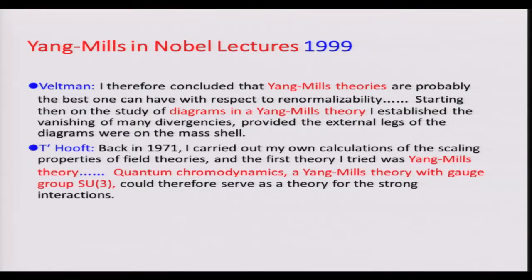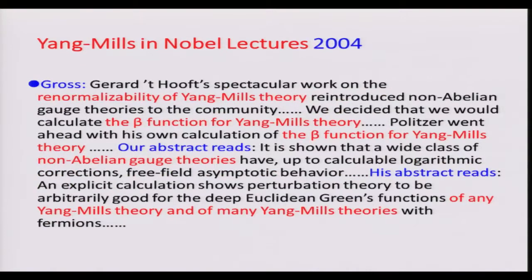His student 't Hooft said in his Nobel lecture that in 1971 he tried Yang-Mills theory, and QCD is a Yang-Mills theory with gauge group SU(3). 2004, David Gross: 't Hooft's work on the renormalizability of Yang-Mills theory reinforced non-abelian gauge theory, and we decided to calculate the beta function for Yang-Mills theory, and Politzer also started with his calculation.